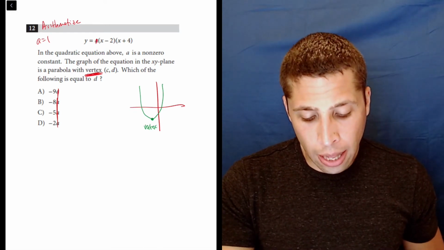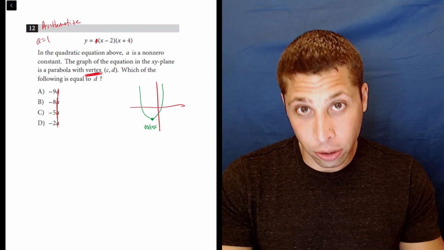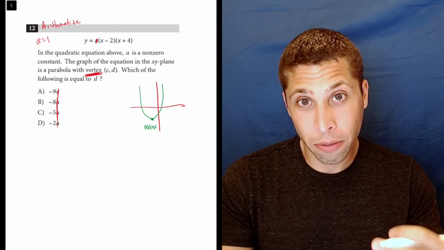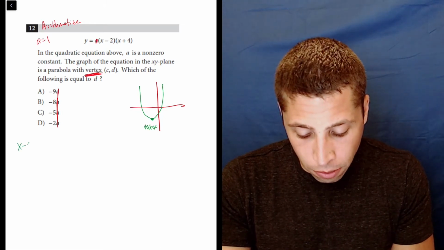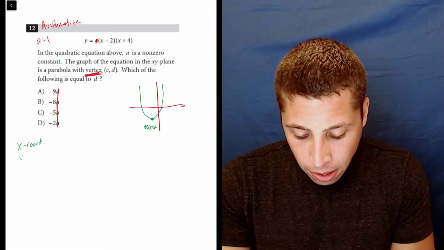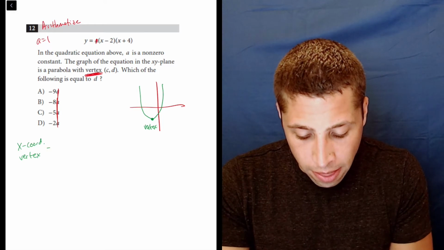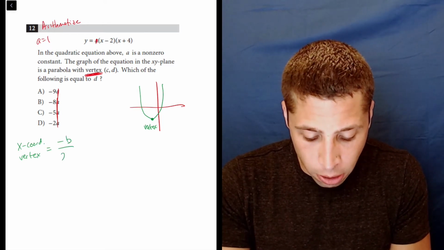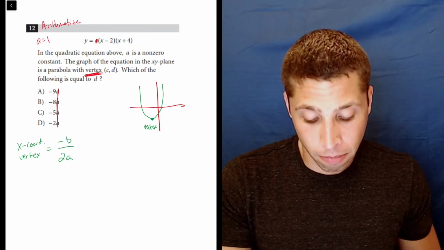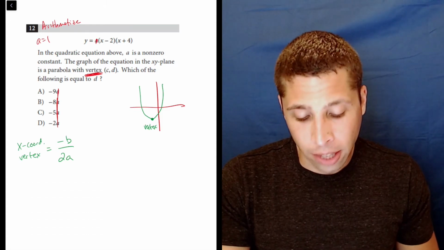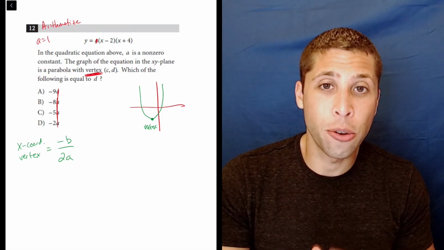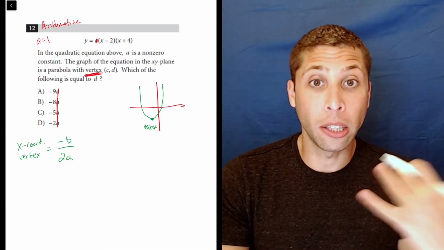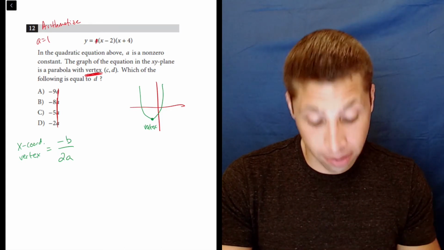So the way that I learned how to find the vertex is that there's a formula for the x-coordinate of the vertex that is -b over 2a. Now, what does that mean? Well, I just got rid of a, so there's something there, but mostly it has to do with the way the quadratic looks when it's in standard form.